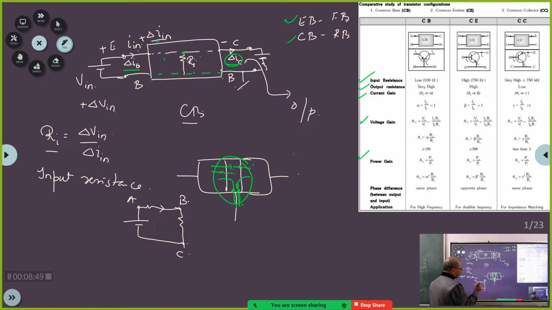Now if I want to know what this current will be, it is VA minus VB divided by whatever this resistance is, say RAB. Correct? That will be this current.